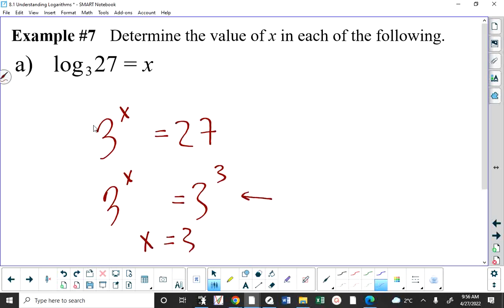If you need to do this, that's fine, do it. But I'm saying you probably shouldn't have to. You should probably be able to look at that and say x is 3. How many of you were able to just look at the original expression and say x is 3? It's 3 raised to the x equals 27, so x must be 3. Let's take a look at the next one.